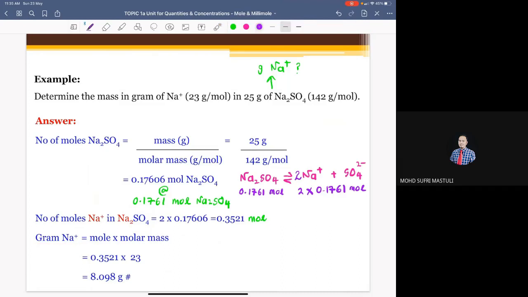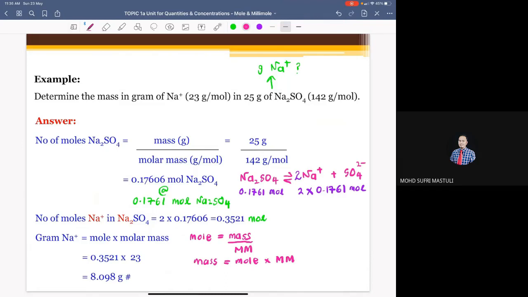From the formula, mole is mass over molar mass. If you want to calculate the mass, the mole should be multiplied by molar mass.